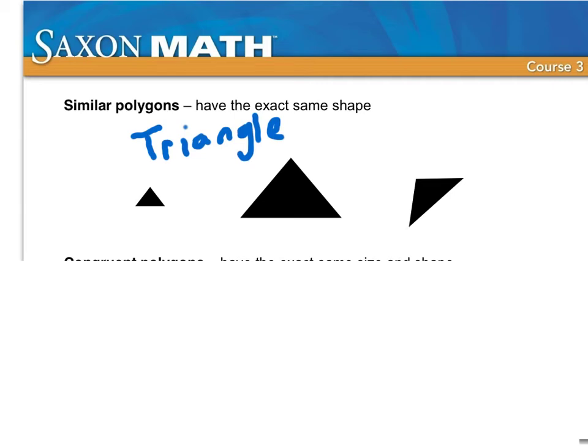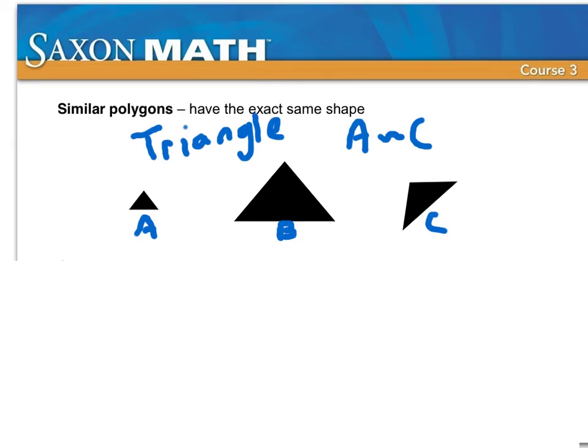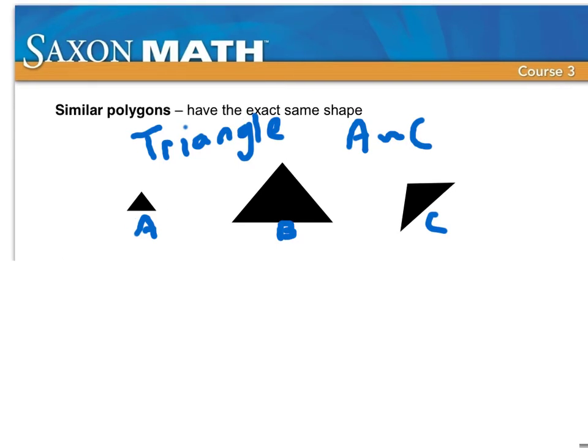So if I named these A, B, and C, I could say that triangle A is similar to triangle B. And here's the sign for similar. It's a little wavy line. So this little line means similar.